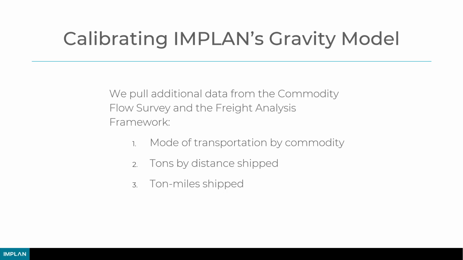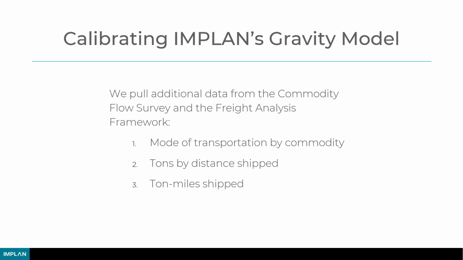This table of shipment mode provides the basis for our decision as to which of the impedances to use in the calibration of the model, or in other words, the weighting to give various modes of transportation by commodity. So in other words, the model doesn't assume that all commodities are shipped in the same way. We use a weighted structure to make that more accurate.